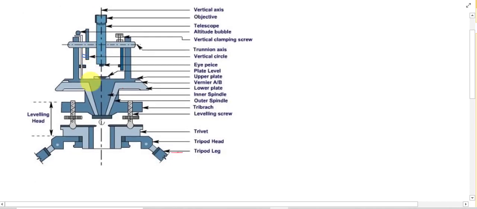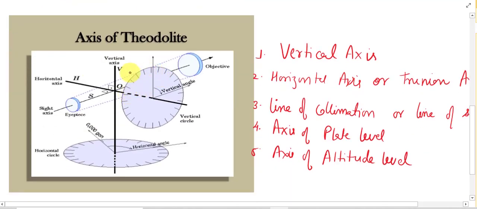These three components I draw here. This one is my telescope, this must be my lower plate, which we can say is my horizontal circle, and this one attached to my theodolite is known as the vertical circle. We will discuss the axes of the theodolite one by one.